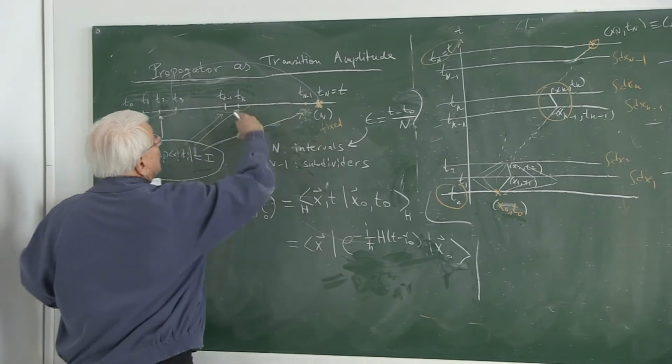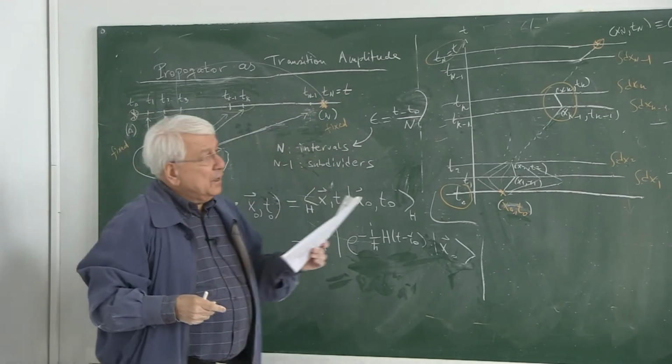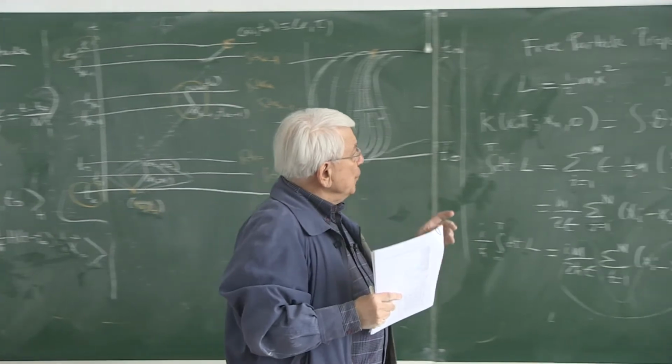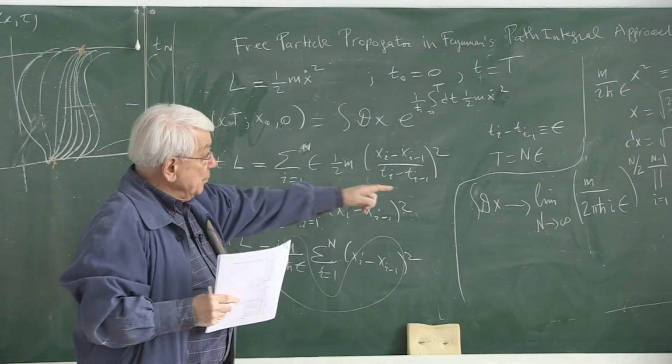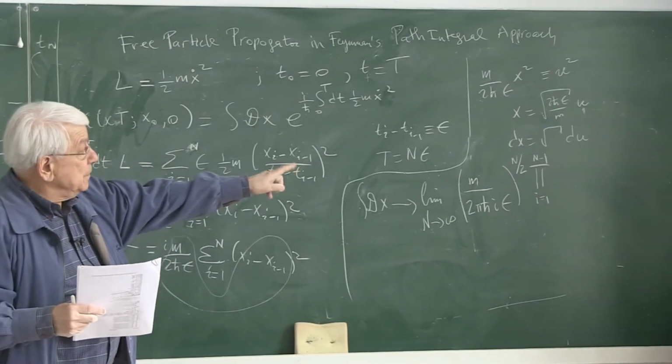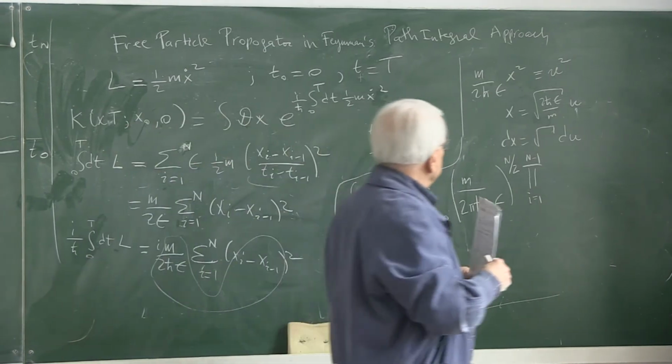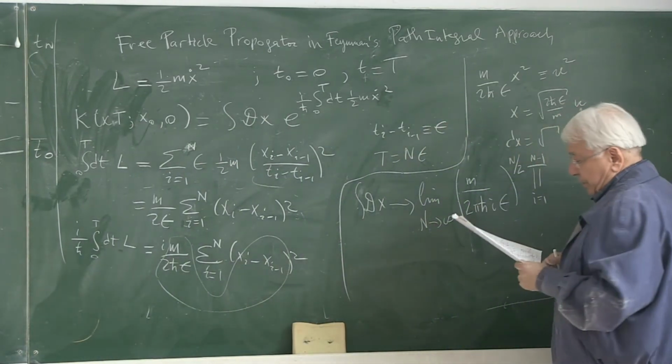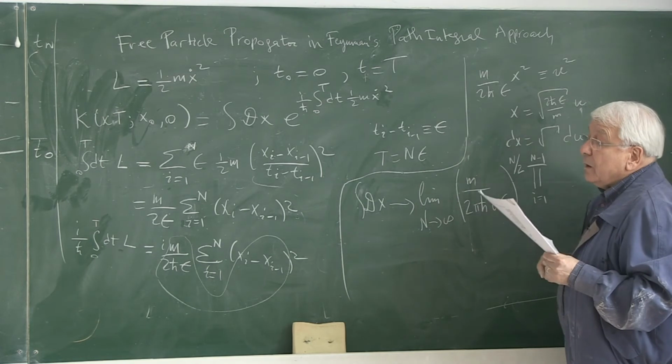How many subdividers? 1 to n minus 1, while the number of intervals is n. Therefore, in that exponent there is n appearing, but in the measure there is n minus 1 appearing, right? Okay, that's nice.